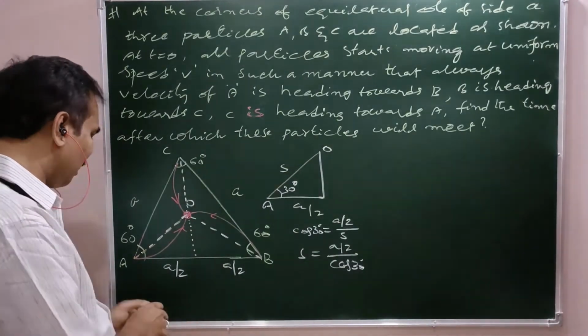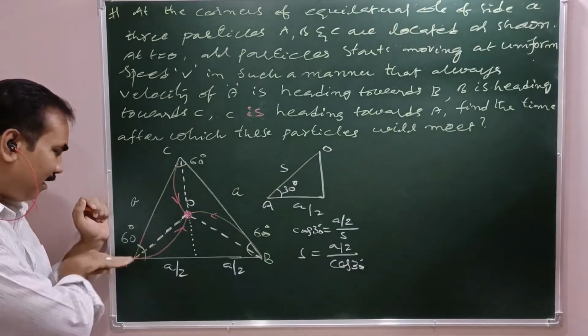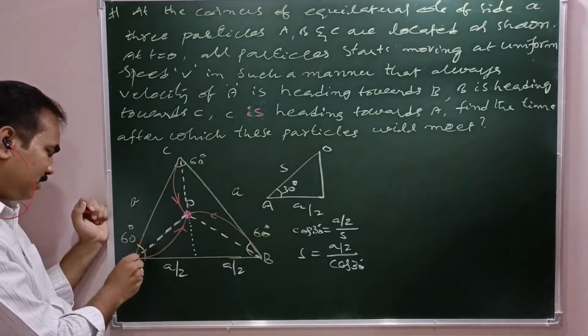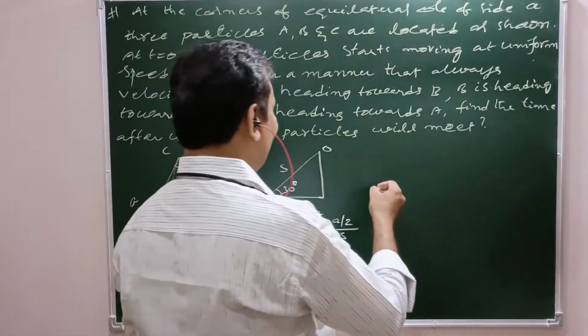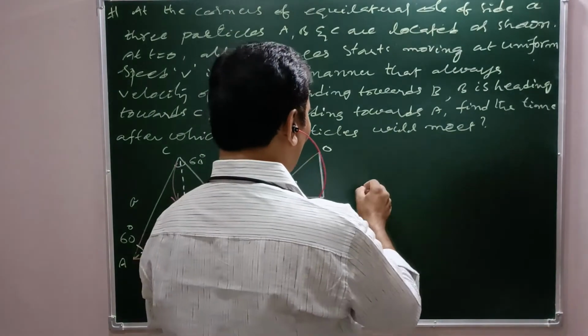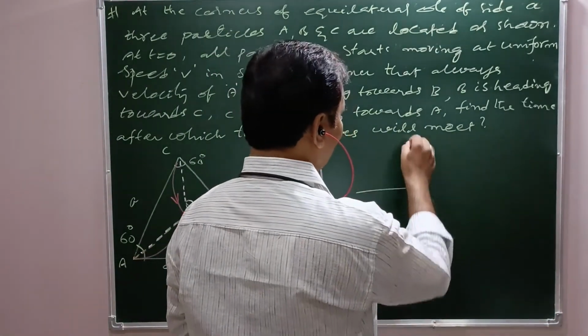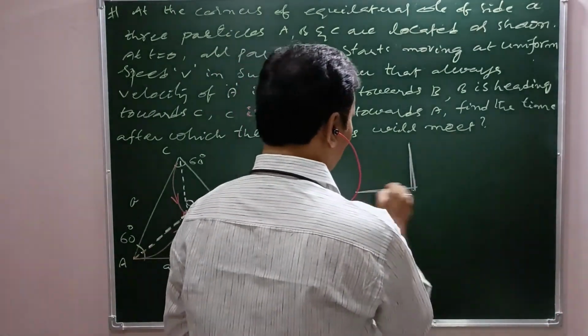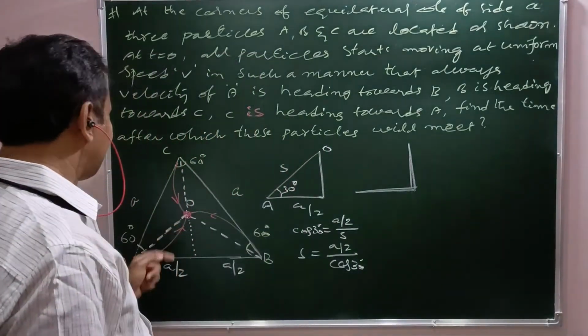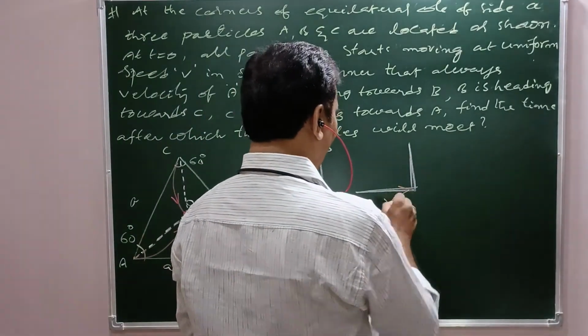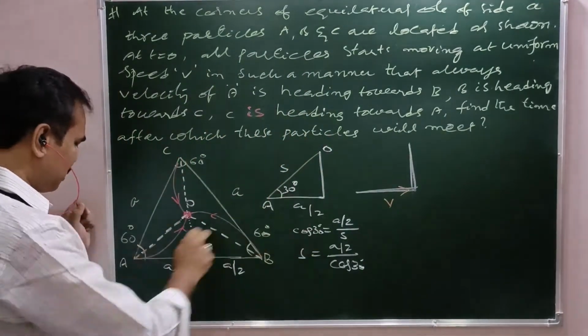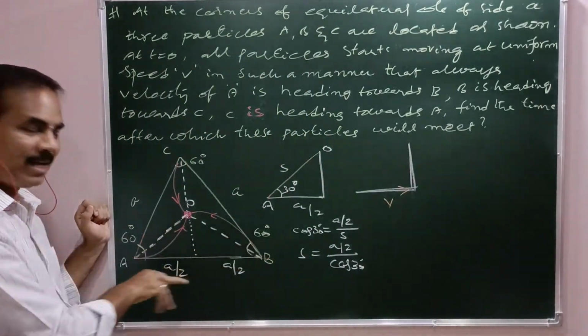What is the initial direction of motion of A? Horizontal, from A to B. This is the initial direction of motion of A. So take one more right angle triangle here, for this half angle. This is the velocity V, the initial velocity of A, which is heading towards B initially.